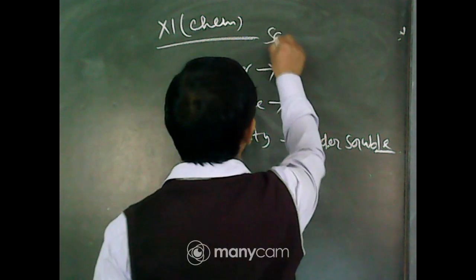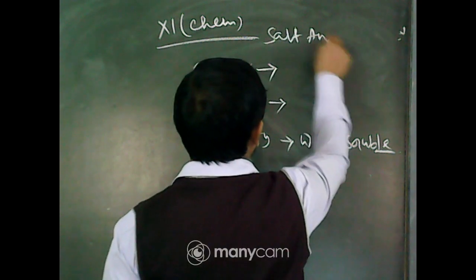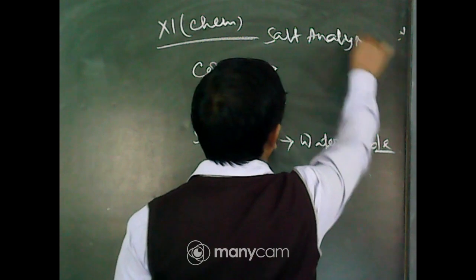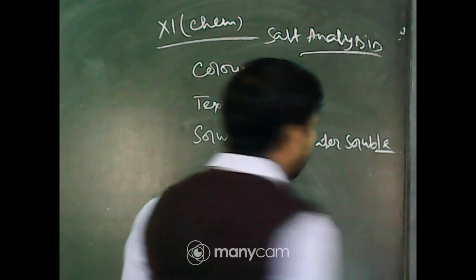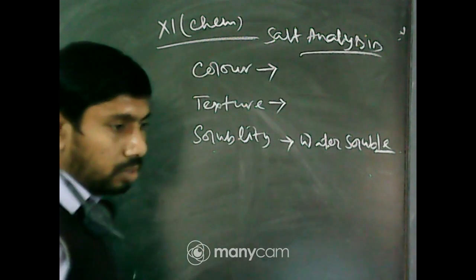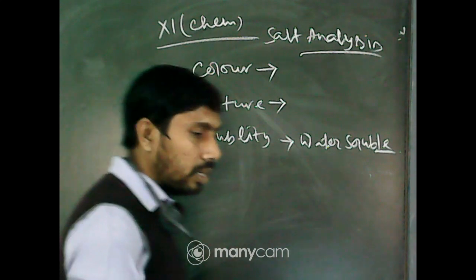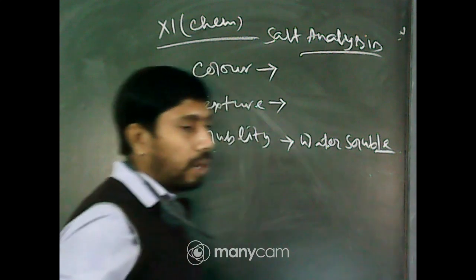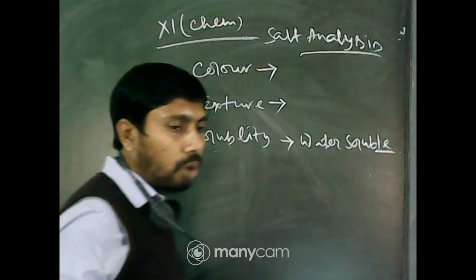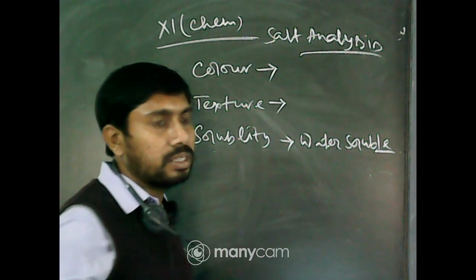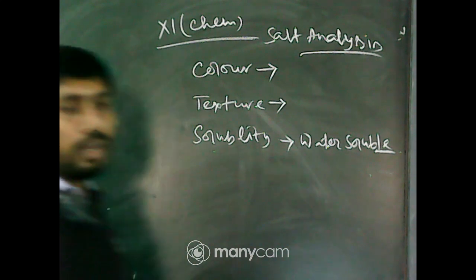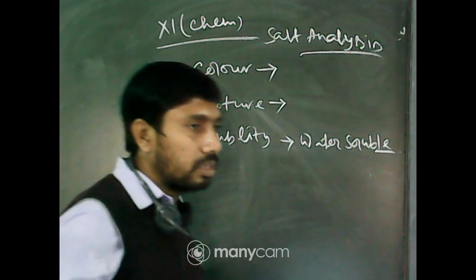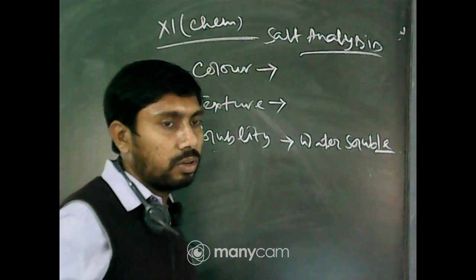Next is that one salt contains the cation and anion, one cationic part and anionic part. Now, the cationic part and anionic part have some common experiments and some different experiments which distinguish between cations and anions. Okay.